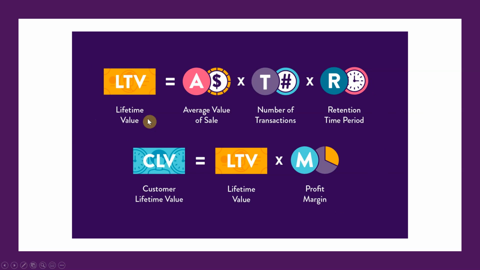To repeat, lifetime value is the multiplication of three different things: average value of sale, number of transactions, and retention time period. And customer lifetime value, we can get by multiplying lifetime value by profit margin.